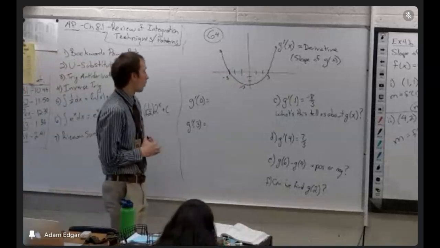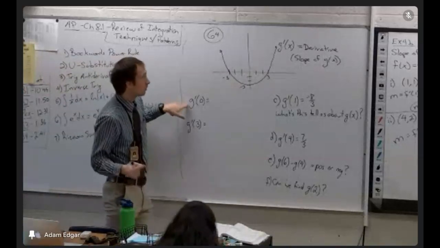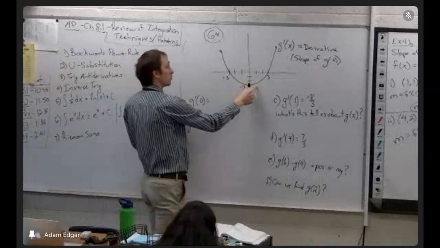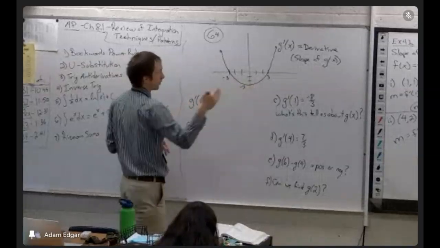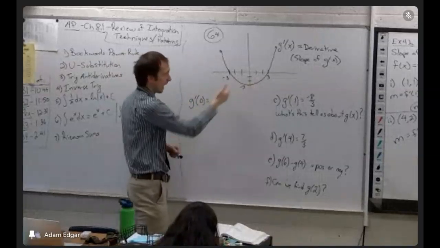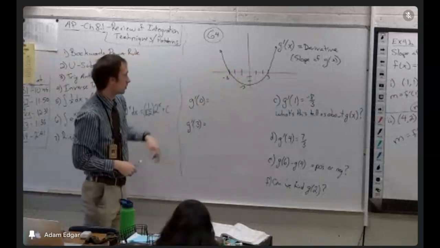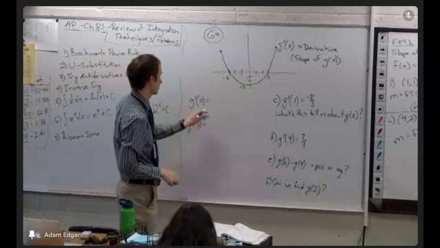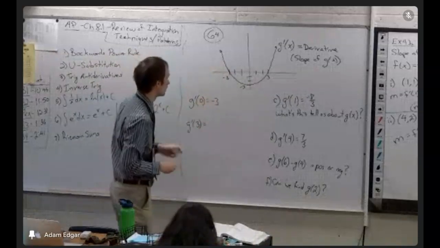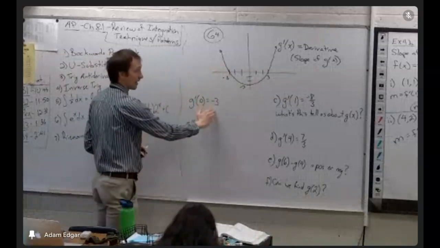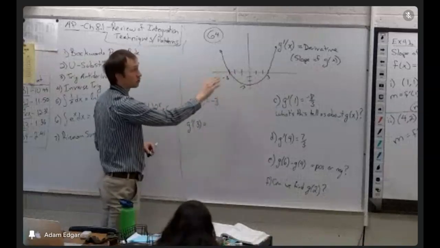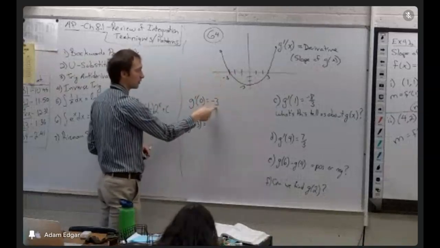So when we say G prime of 0, this is the graph of G prime. You just go to x equals 0 on this graph, and the output from this graph is G prime of 0. So what's G prime of 0? -3. That tells us that the slope of G is -3 when x is 0.